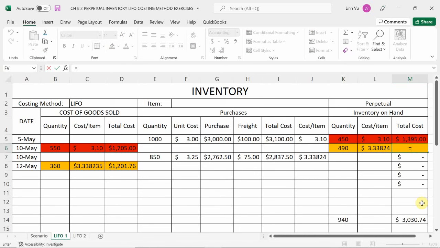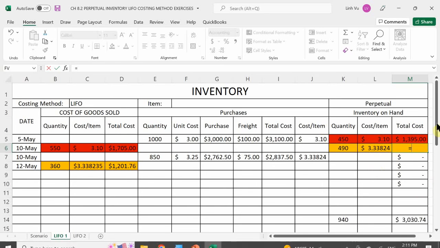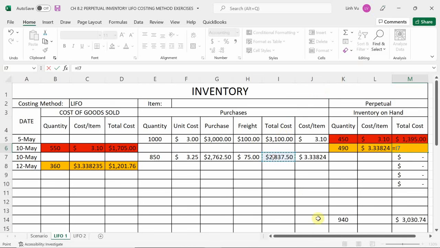If you type in your numbers, you'll have a high chance of making a mistake there. But if I were to do the same calculation, 2837.50 minus that 1201.76, I would get the same exact answer of 1635.74. So if you want to do it that way too, instead of calculating it here in your inventory on hand, you can also do that. That is also exceptional as well.